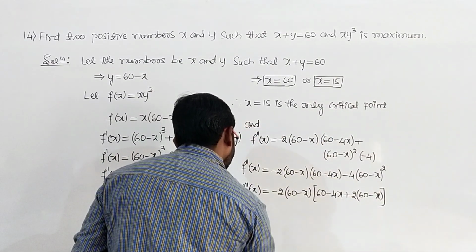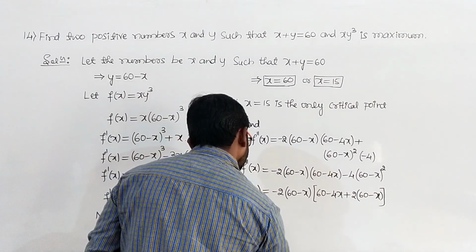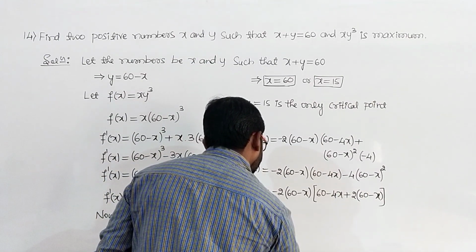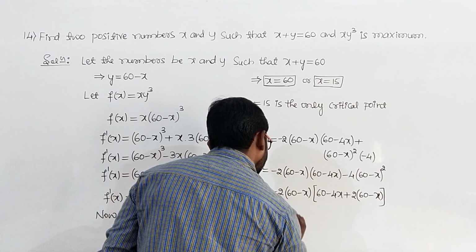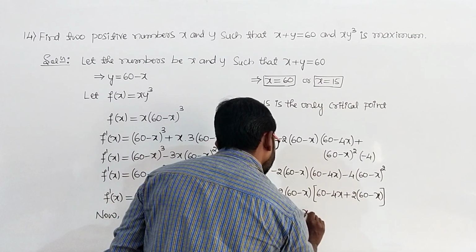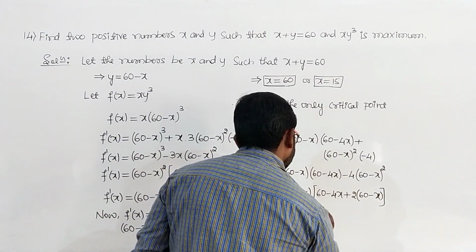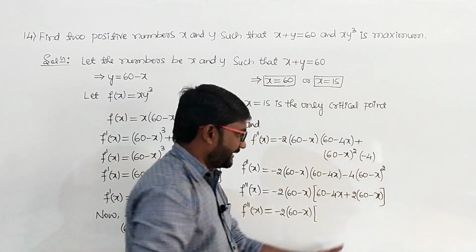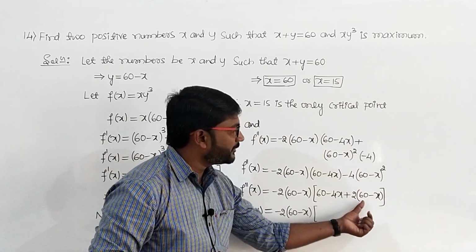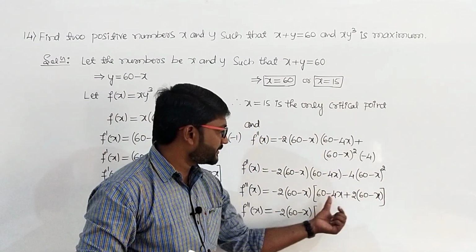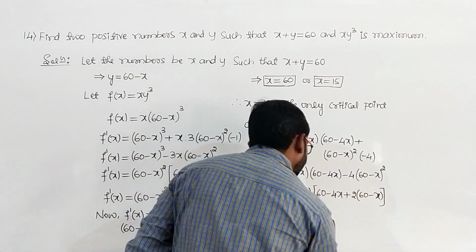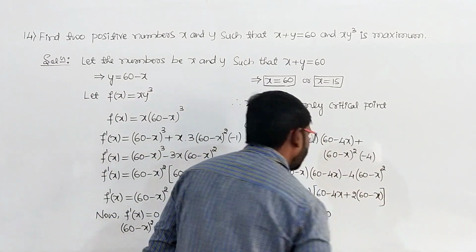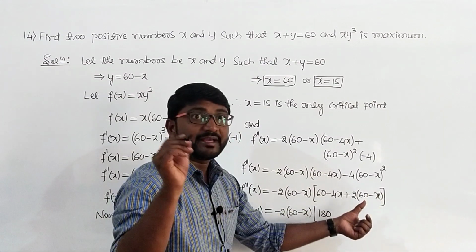f double dash of x is equal to minus 2 times 60 minus x, and then multiply this 2 with these two terms, you get 120 minus 2x. 60 plus 120 will be 180, and then 2 into minus x will be minus 2x.